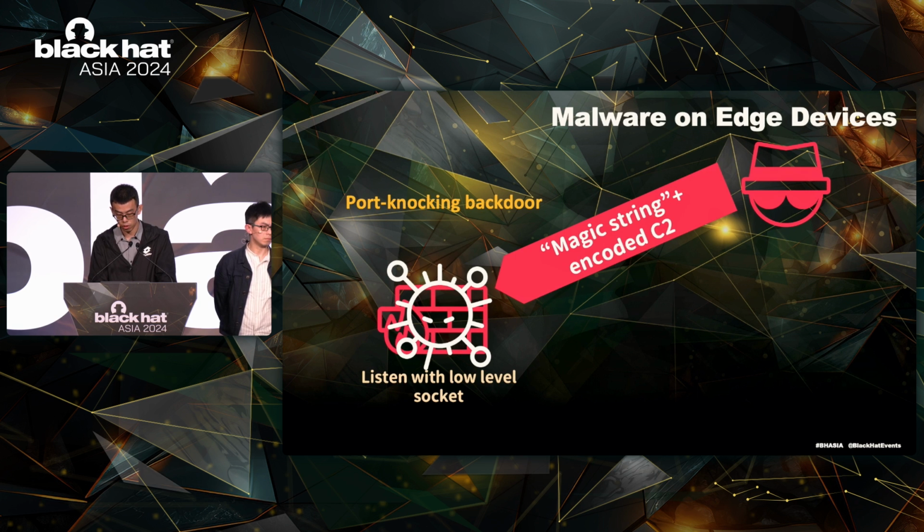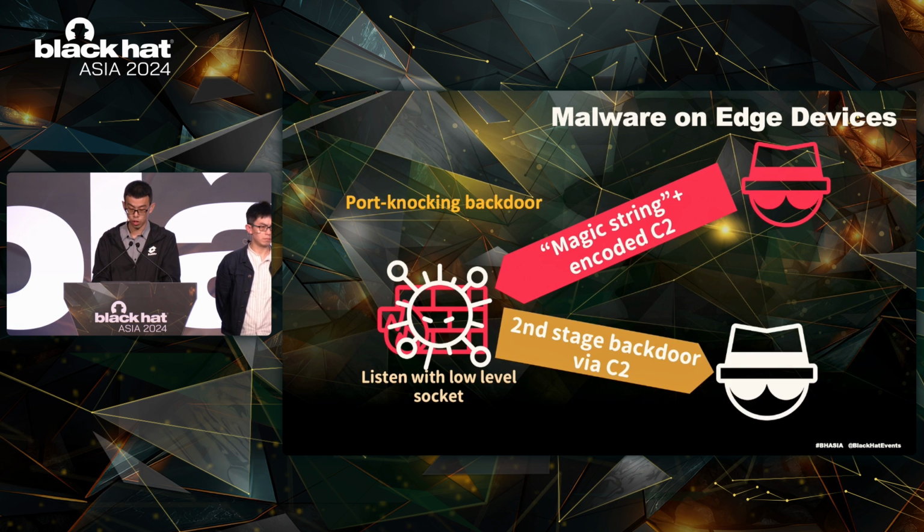The actor sends a magic string with an encoded C2. The malware compares the magic string and decodes the C2, then launches a second-stage backdoor from the new C2. Because the C2 is hidden and assigned during the operation, it's difficult to identify and block. And if the C2 is filtered, the actor can change to another C2 during the operation.